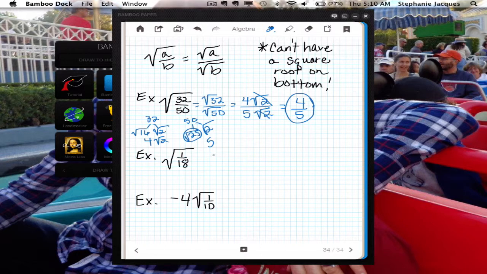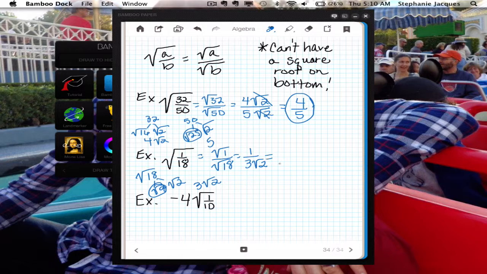Let's look at the next example. I'm going to do the square root of 1 over the square root of 18. 1 actually pops out to be a nice perfect square. The square root of 18 breaks down into 9 and 2, which gives me 3 square root 2, because 9 is a perfect square. Remember what I said up here, you can't have a square root on the bottom because it makes it irrational.